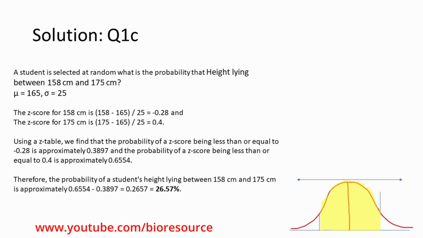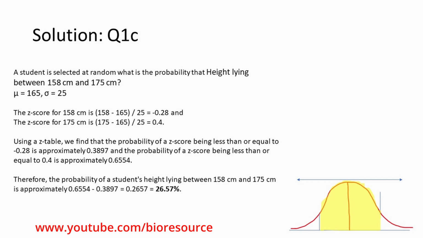Now let's calculate the probability of the Z score being less than or equal to minus 0.28. From the Z table we get this value as 0.3897. The probability of the Z score being below 0.4, corresponding to 175, is approximately 0.6554.